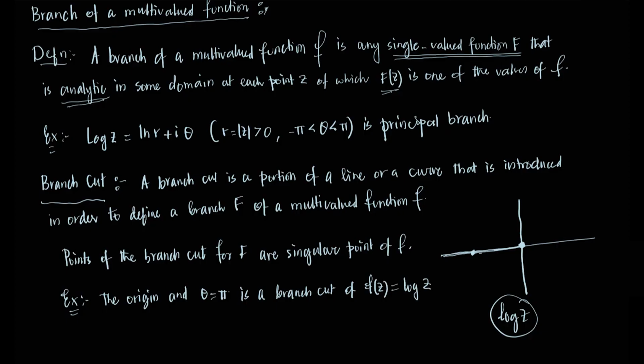Now you have to specify which log you are talking about. Here you are talking about the argument of z between minus pi and pi. With that particular log, this is a branch cut.